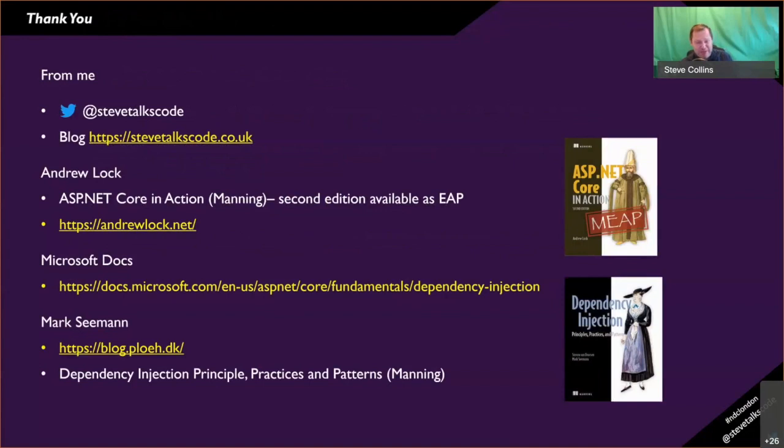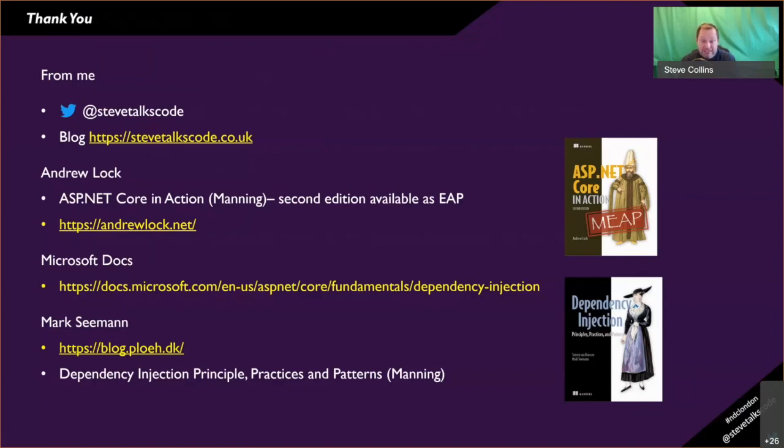Before I go, a few honourable mentions, because I've stood on the shoulders of giants in this talk. It hasn't all come out of my brain. Andrew Lock has a brilliant blog that covers all sorts of .NET Core related things, and he's currently writing the second edition of ASP.NET Core in Action, which is available as an early preview ebook from Manning. The Microsoft Docs pages are well worth a look, especially if you're migrating from .NET Core to .NET 3 or .NET 5.